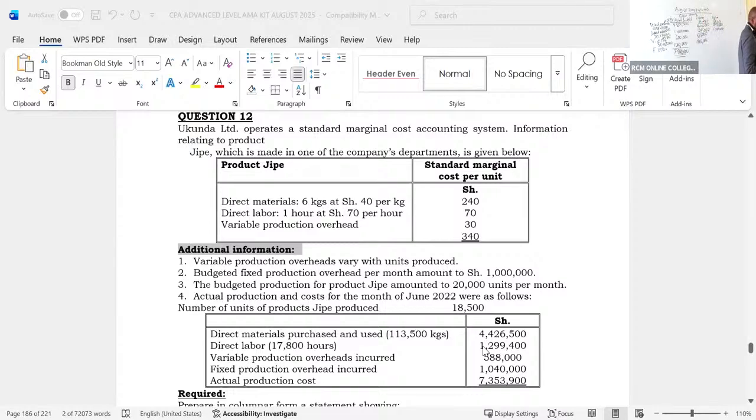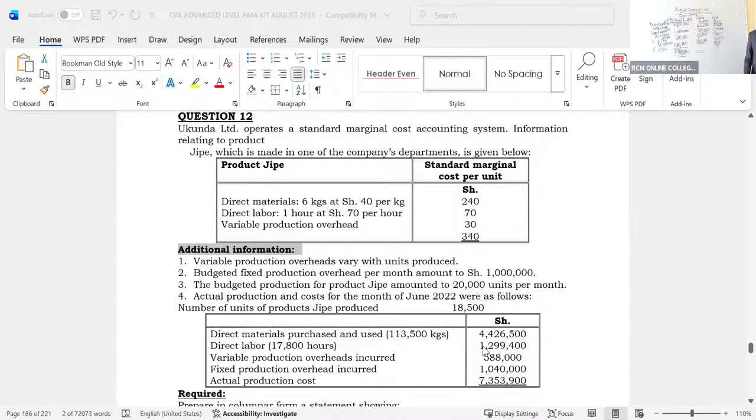What do we have for variable overheads? 588,000. Then we have fixed overheads, which is 1,040,000. And I forgot, I want you to be giving me these totals, eh? You must give me these totals. The actual total I know it's 73.53.